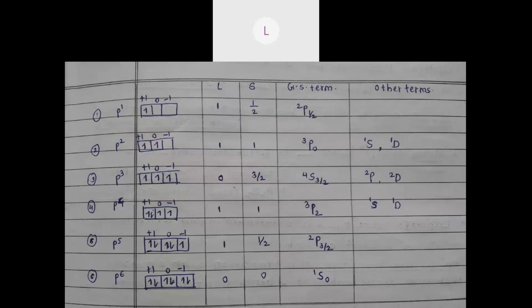That is why we will consider only L minus S. If you do L minus S, the L value is 1 and the S value is half. 1 minus half comes out to be half. That is why the ground state term symbol for the p1 configuration is 2P half.